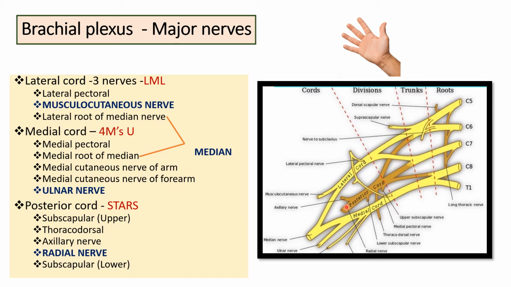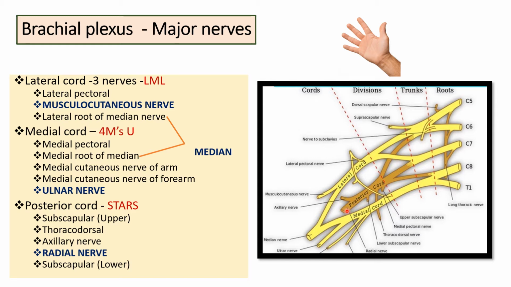The anterior division of the lower trunk, formed by C8 and T1, will form the medial cord of the brachial plexus. So this is how you can remember them. The ventral divisions contribute to the lateral cord and the medial cord, and the dorsal divisions form the posterior cord.